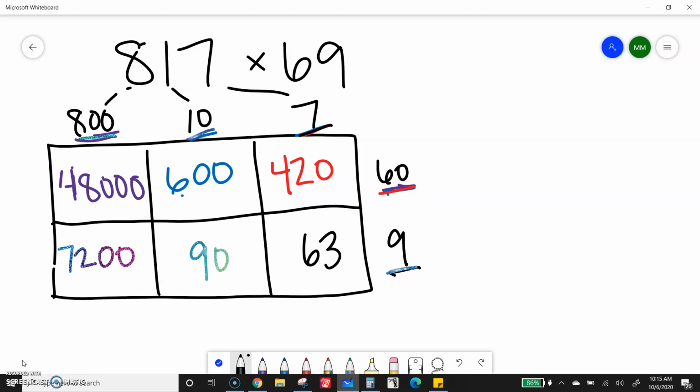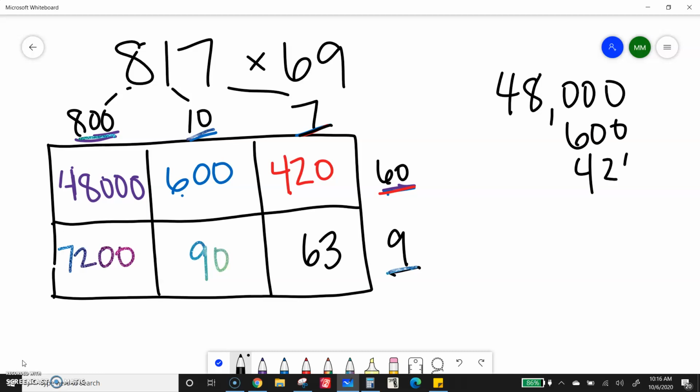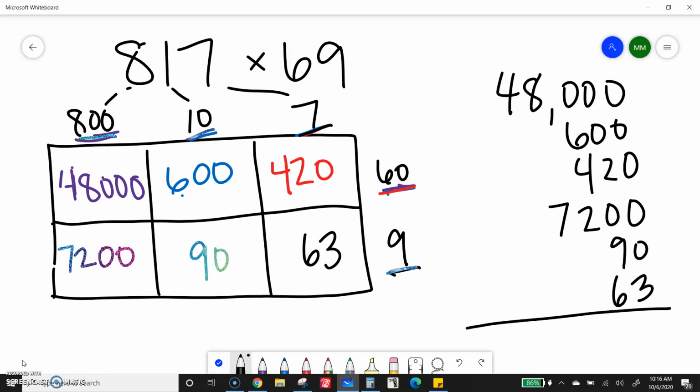Then we're going to add those together over here. So I have 48,600, 420, 7,200, 90, and then 63.